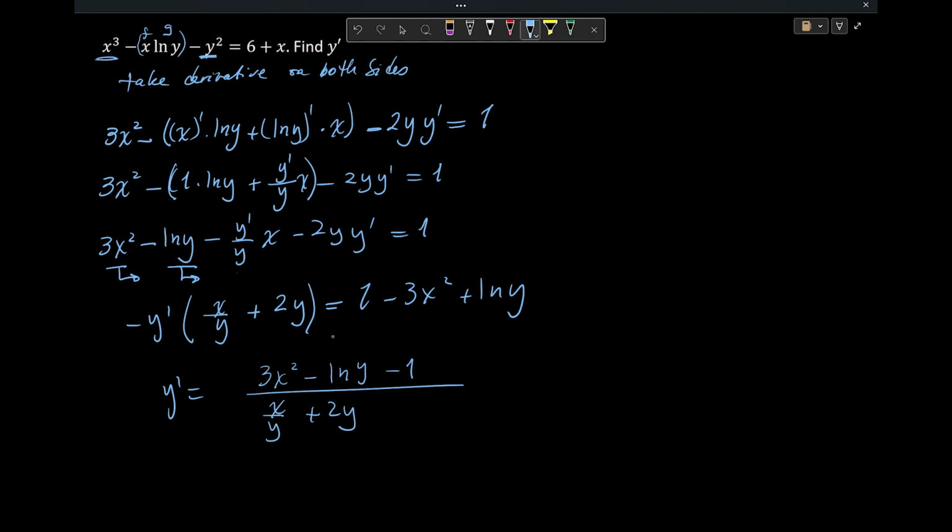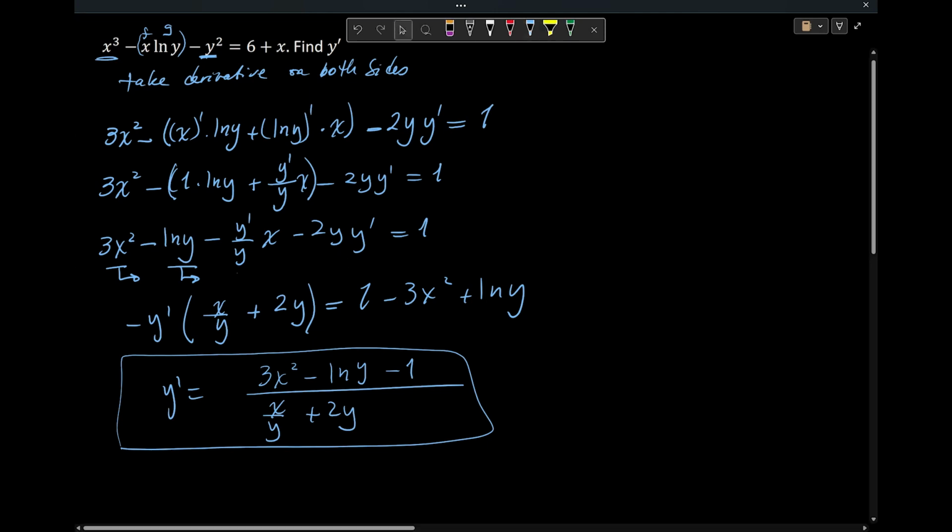You can simplify, maybe get a common denominator here, and then multiply y by everything, but this is not necessary. This is good, because right now, you have y prime on one side, everything else on the other side, and then you can go ahead and do whatever it is that you want to do with it, okay?